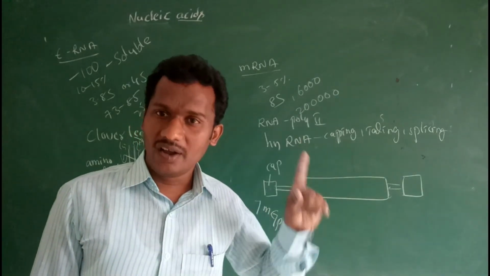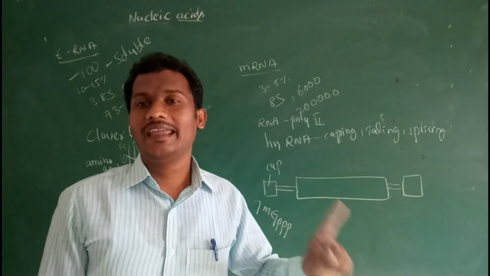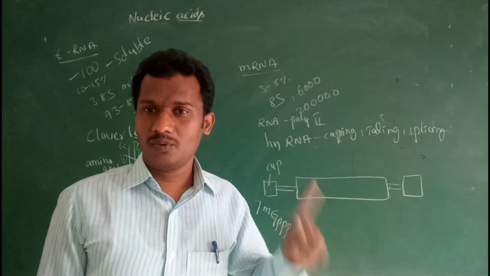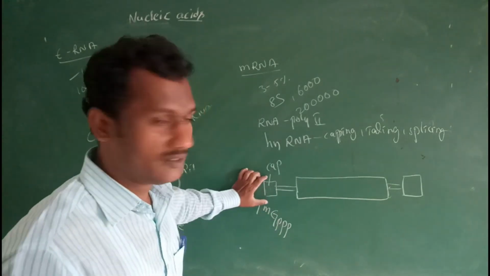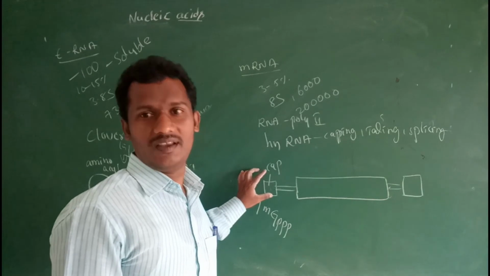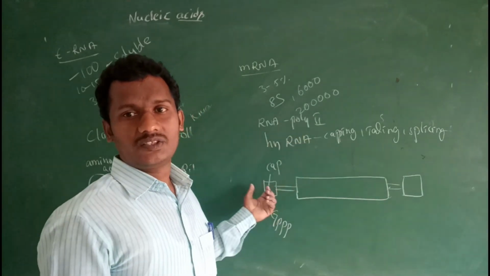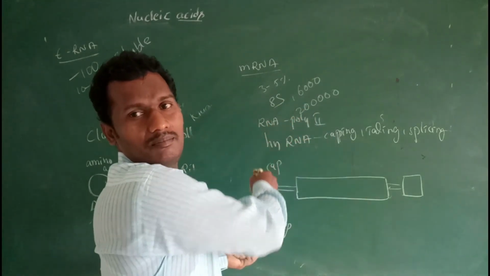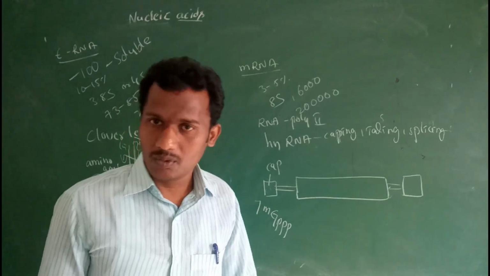In rRNA, the smaller subunit, 18S RNA in eukaryotes and 16S RNA in prokaryotes, has a sequence complementary to this cap. By this complementary sequence, the RNA recognizes the cap, binds with it, and initiates the translation process.